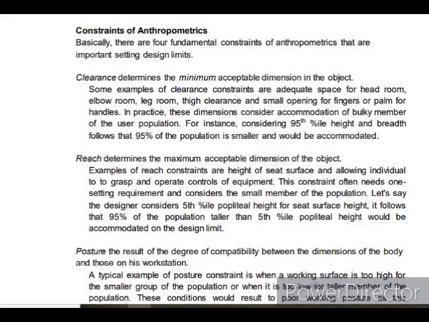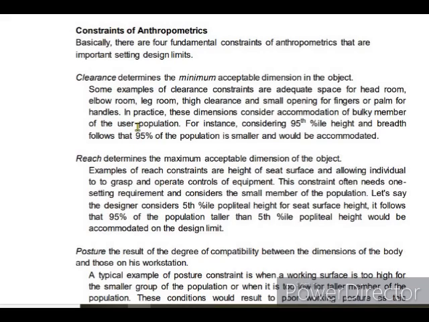Some examples of clearance constraints are adequate space for headroom for moving well, adequate elbow room for avoiding elbow injury, then leg room as well as for avoiding leg injury, thigh clearance, and small openings for fingers or palm for handles, so that every part of a user can move freely.